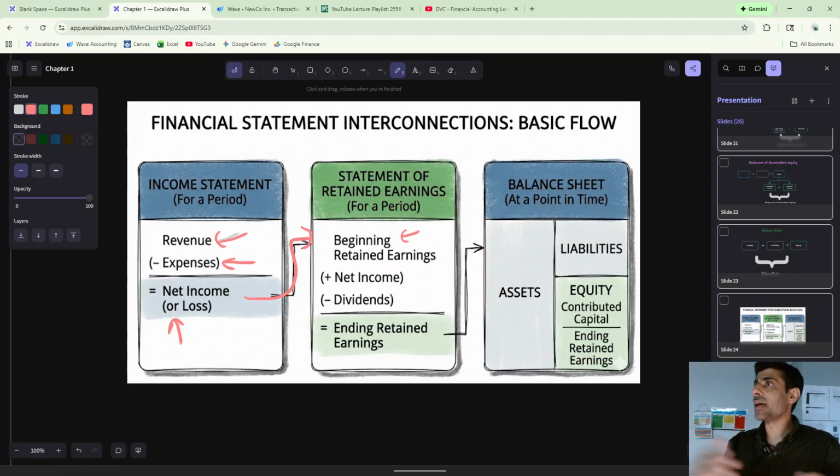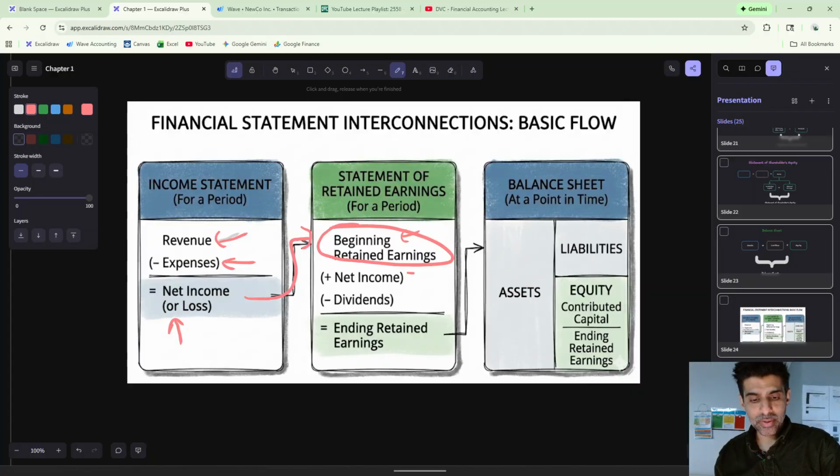Let's say this is the financial statements for 2025, and let's say our business started in 2001. So from 2001 to 2024, you're going to have some retained earnings. That's going to be your starting balance.